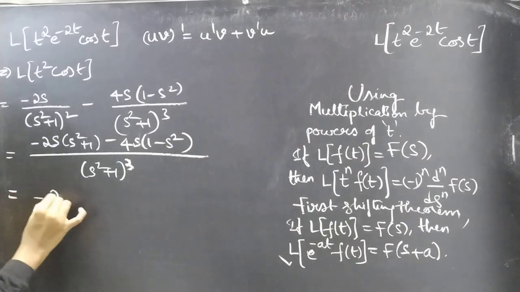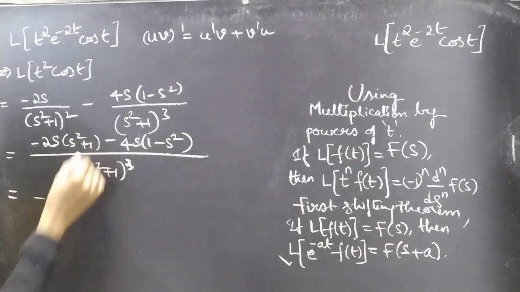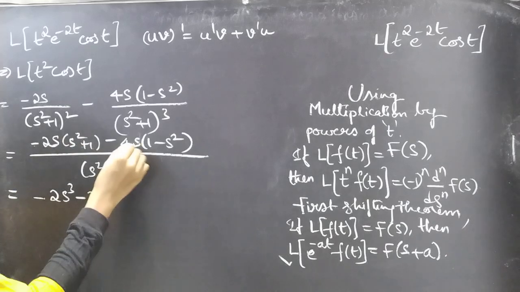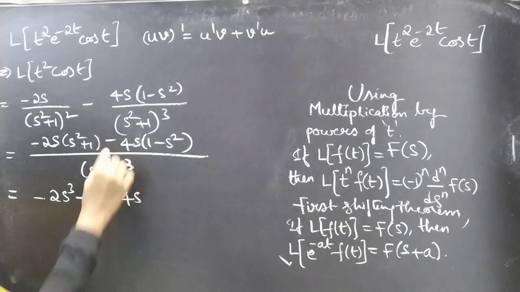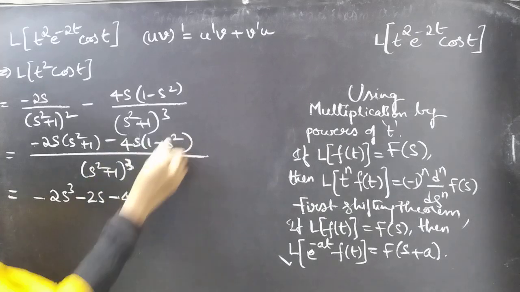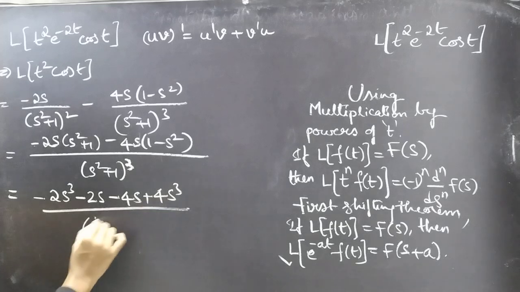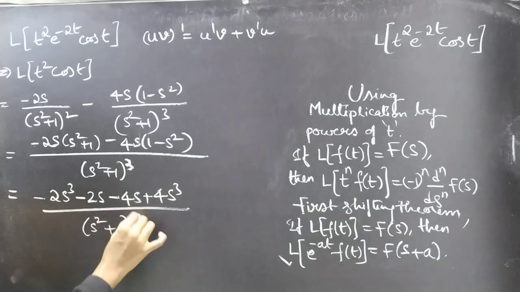This gives us minus 2s cube, minus into plus minus 2s into 1 is 2s, minus 4s into 1 is 4s, minus into minus plus 4s into s square is 4s cube, by s square plus 1 whole cube.